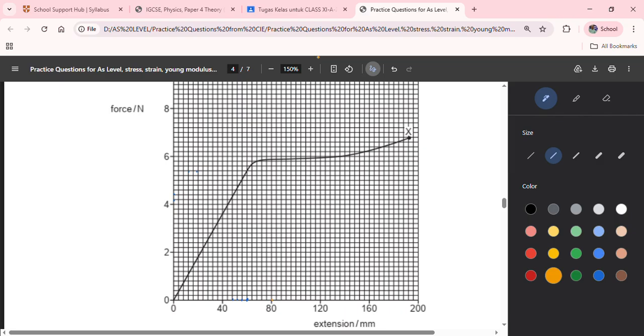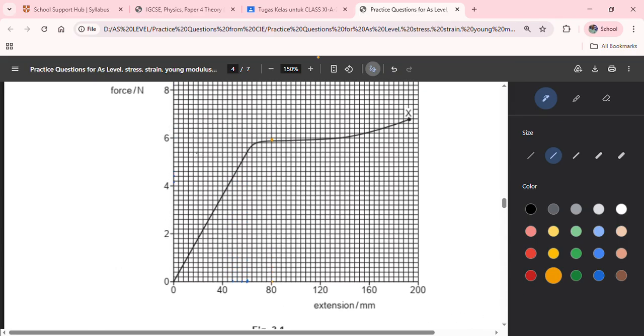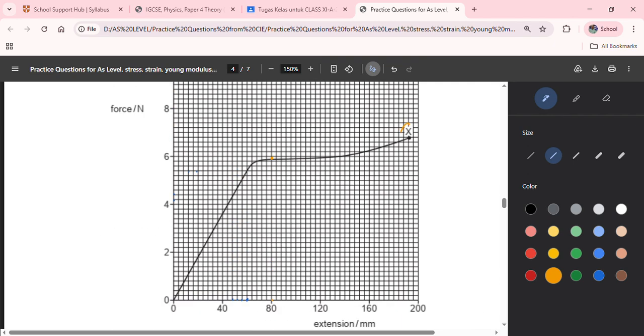This is the limit of proportionality. Extension of 80, still elastic, and it breaks at point X. This one is point X.